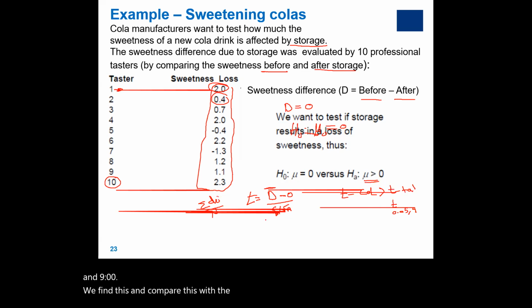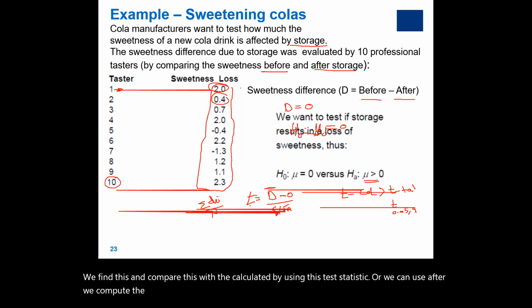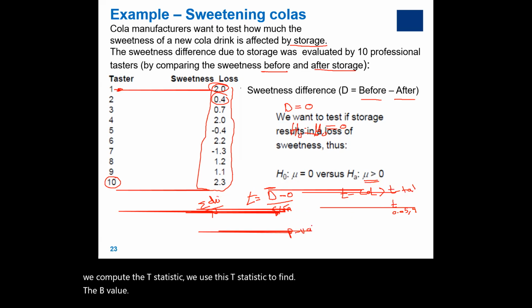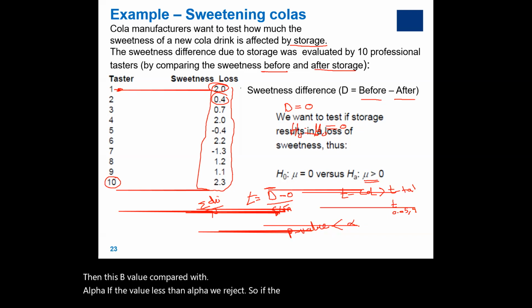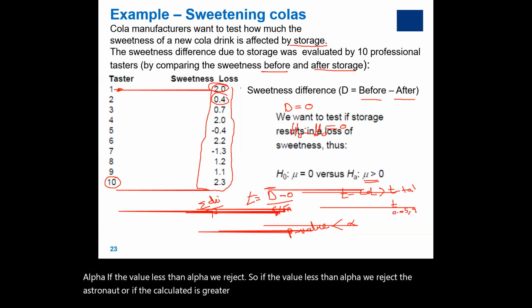Or, after we compute the t statistic, we use it to find the p-value and compare it with alpha. If the p-value is less than alpha, we reject H naught. Or if t calculated is greater than t tabulated, we also reject H naught. Otherwise, we fail to reject H naught.